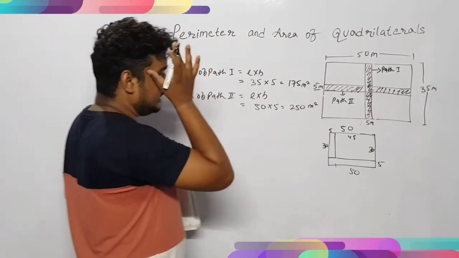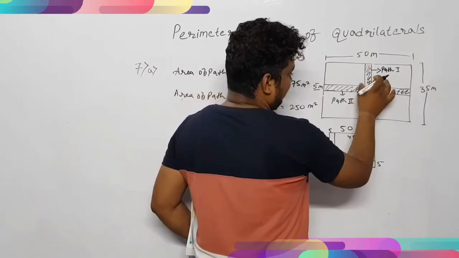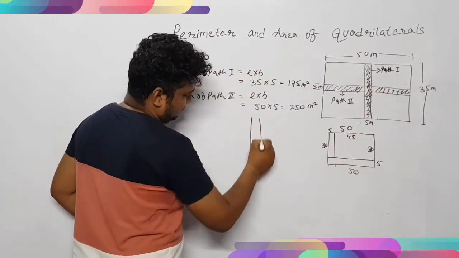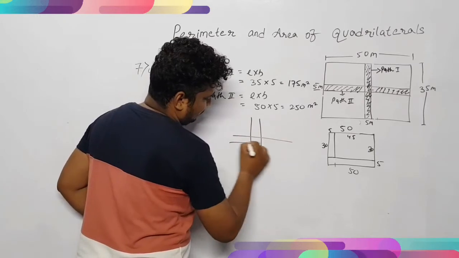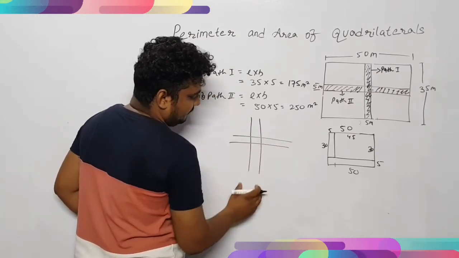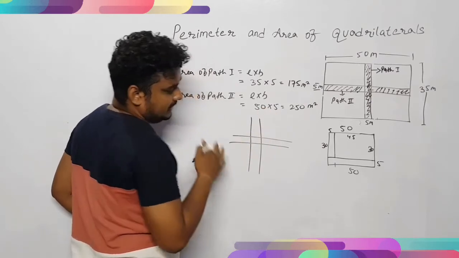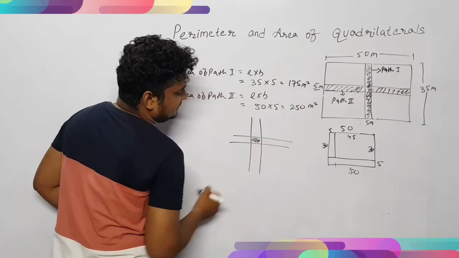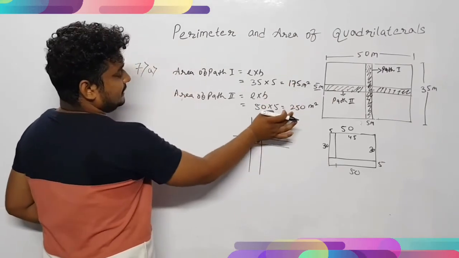But one more thing is that in this figure, I am making it once more. While taking this path, this particular region is coming, and while going along this path, this particular region is coming. So this particular region's area has been taken twice, once in this one and once in this one.